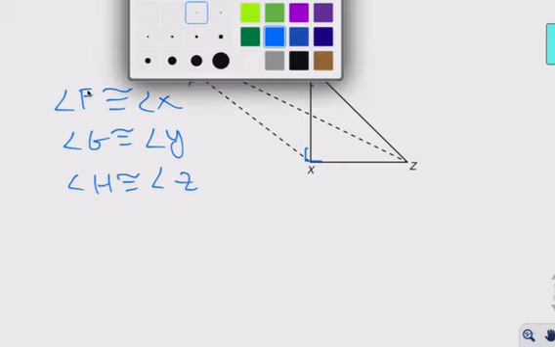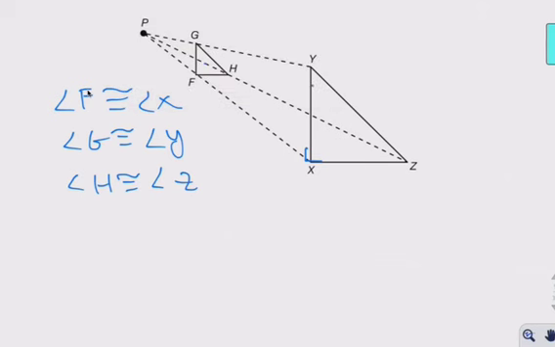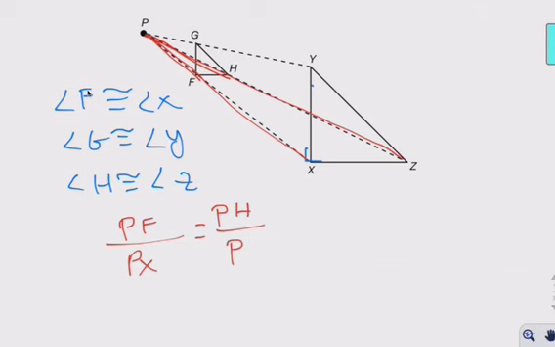Okay? And then we can say the ratio PF over PX has to equal, the fractions all have to equal, PH over PZ.